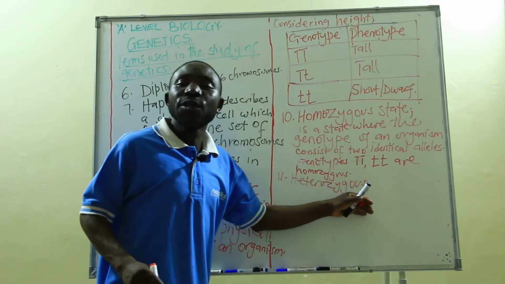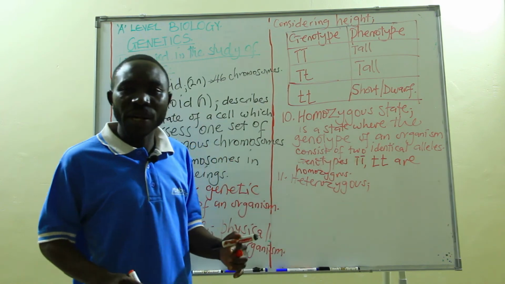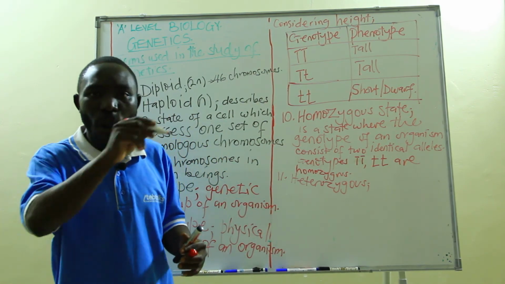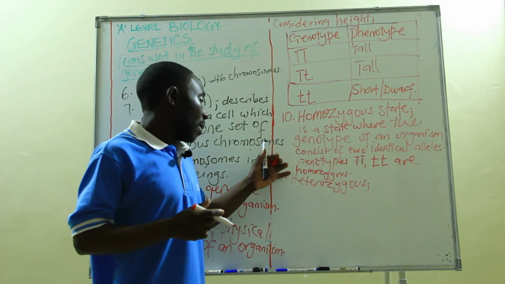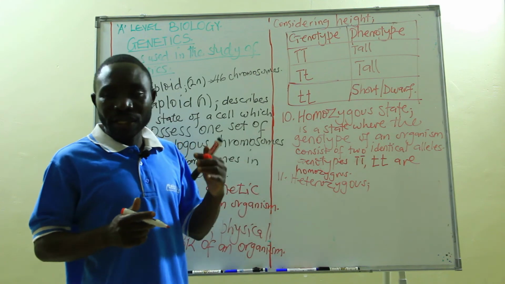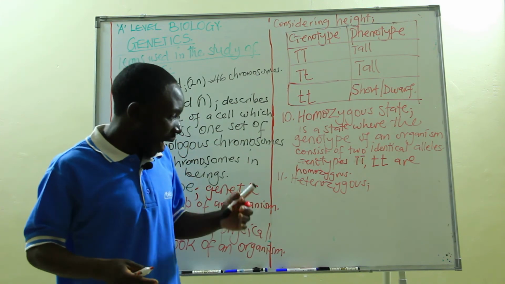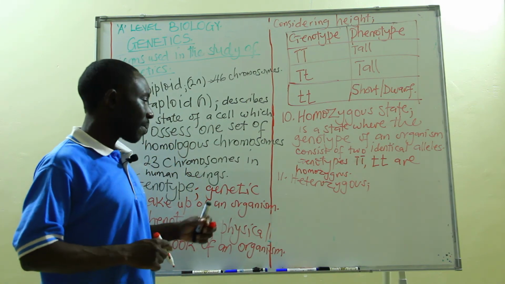Heterozygous is a condition where the genotype of an organism consists of non-identical alleles for the same gene. Condition where genotype of an organism comprises of non-identical alleles of the same gene.